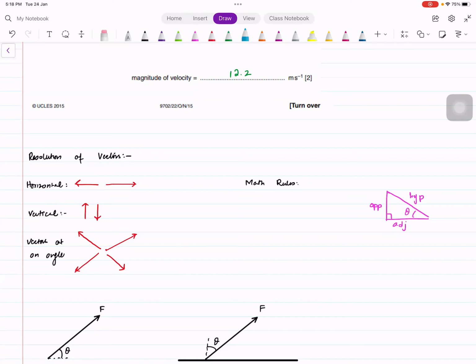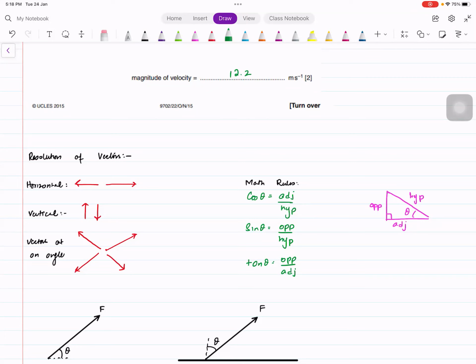So cosine theta is equal to adjacent over hypotenuse, sine theta is opposite over hypotenuse, and tan theta is opposite over adjacent. Generally, resolution means that we are going to break down the vectors into horizontal and vertical components.